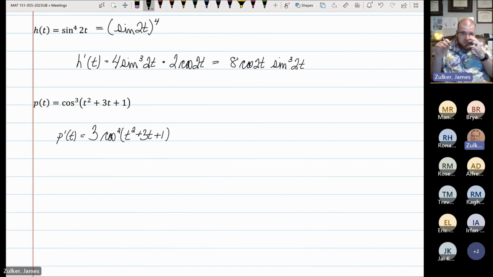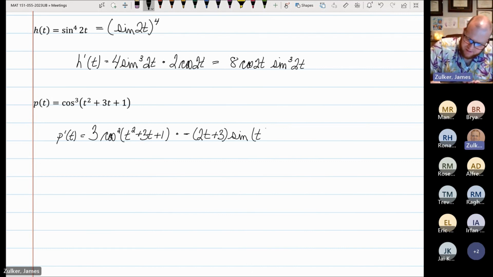General power rule will give us 3 times cosine squared of t squared plus 3t plus 1, times the derivative of cosine of t squared plus 3t plus 1. Right. Derivative rule, negative u prime times the sine of u.